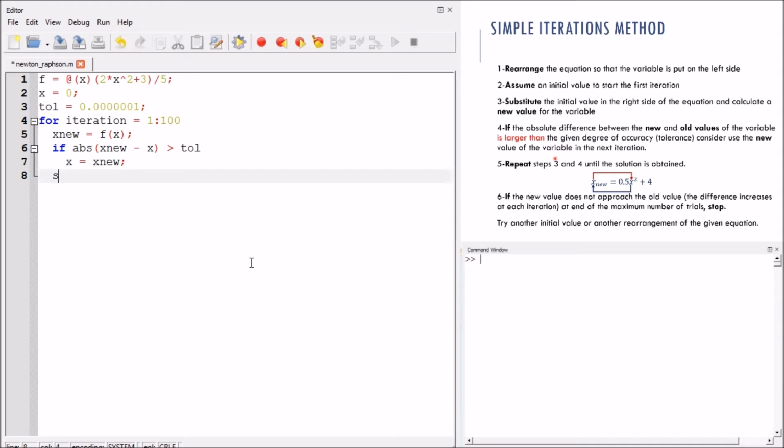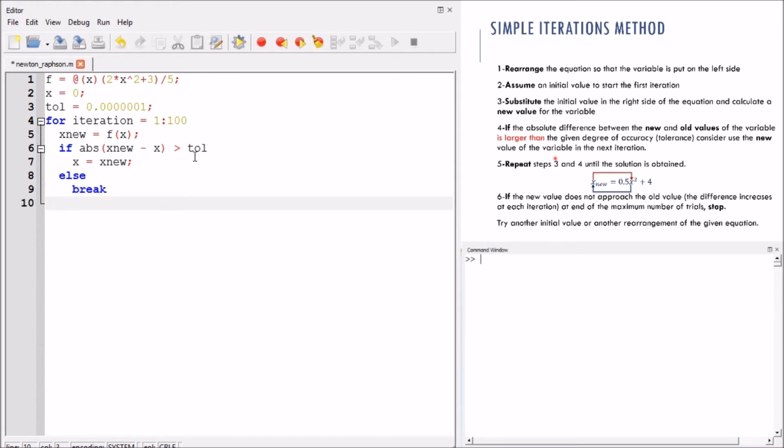This is the meaning, or let's say the mechanism, of this algorithm. So we say else, if this condition is not satisfied, that means the difference is equal to the tolerance or less than the tolerance, that means we have obtained the solution. So we don't need to go in the loop anymore.